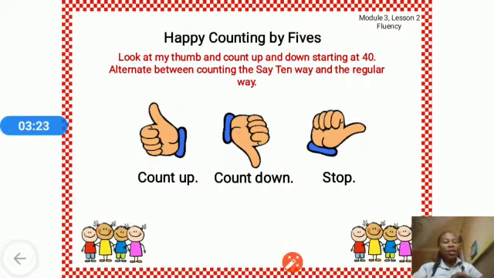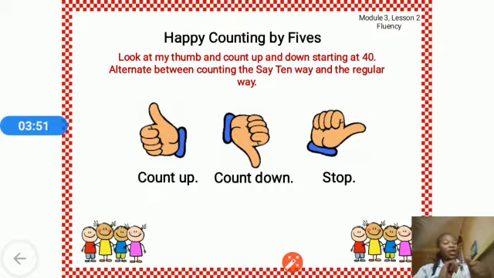This is what we have in our fluency. Happy counting by fives. Happy counting by what? Fives. We have counting by twos, counting by 10, and counting by fives. Hope you've not forgotten. Today we are going to be using counting by fives. Now look at my thumb and count up and down, starting at 40.